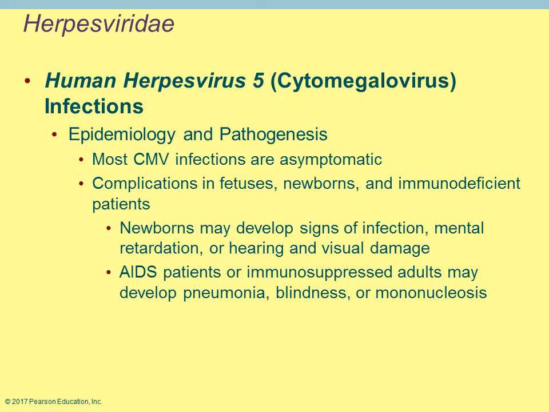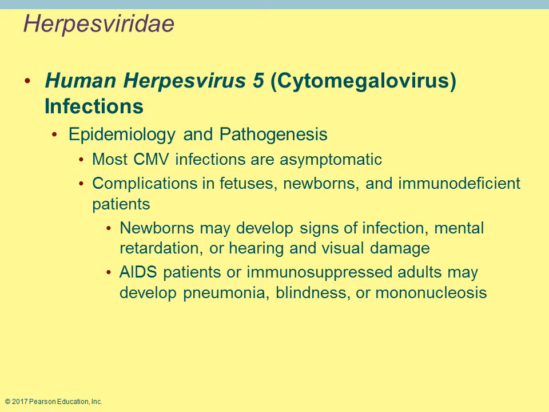Most people, healthy individuals, can be asymptomatic. However, this virus can cross the placental barrier and infect the developing fetus. The newborn may show signs of hearing damage, visual damage, mental impairment, and may have other signs of infection.